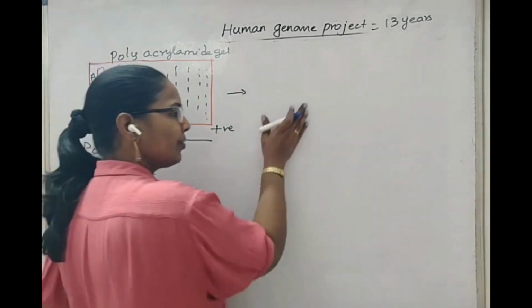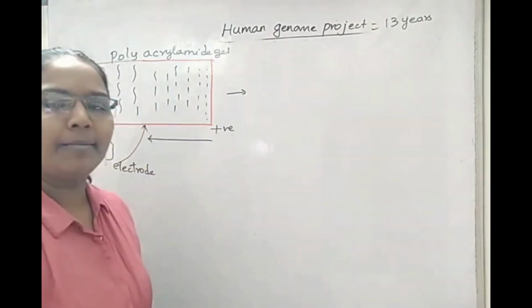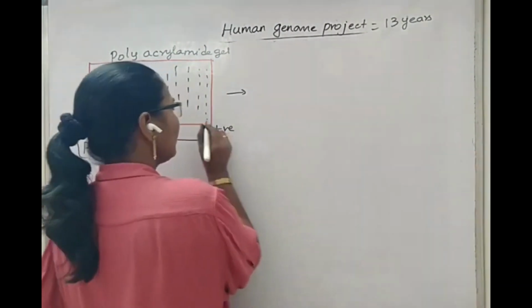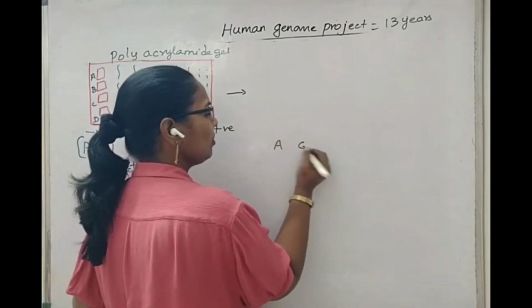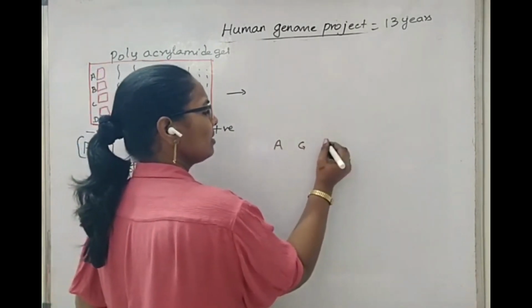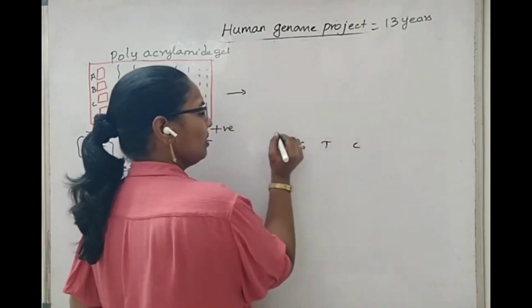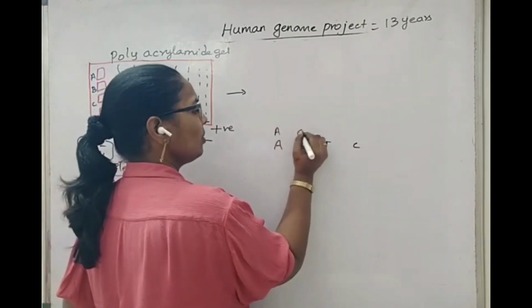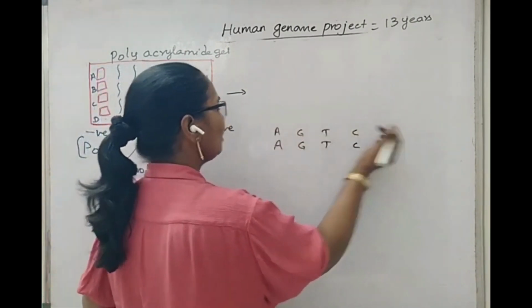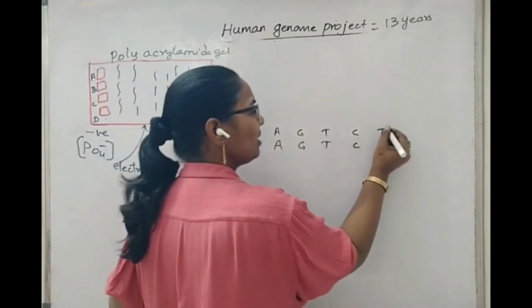Suppose we take a few sequences and see how the total gene sequence of the DNA is studied. Suppose the farthest DNA sequence has adenine, guanine, thymine, cytosine. The next one, which is nearer to this, will have adenine, guanine, thymine, cytosine, because these are not that much shorter than the first one, so it will have another base.